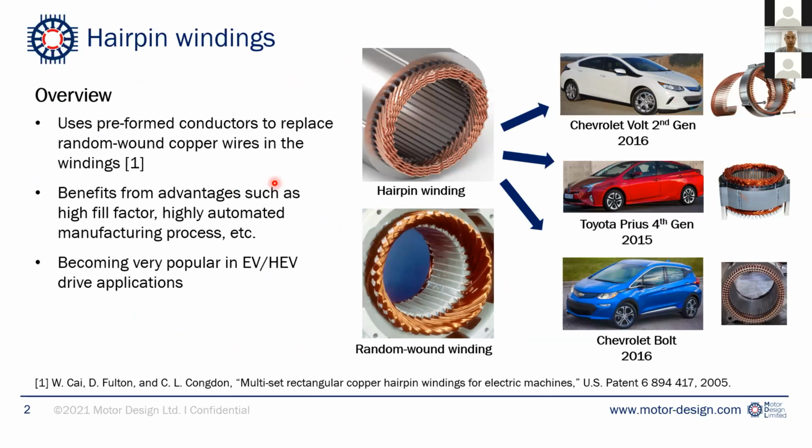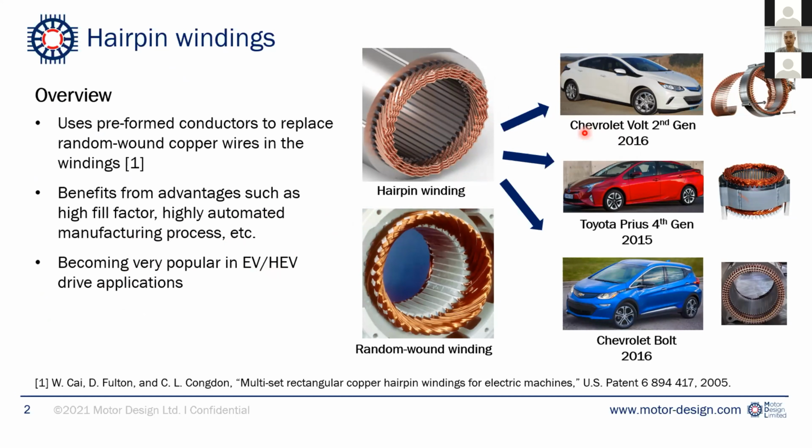The first one is that we can achieve a very high fill factor, 0.6, 0.7, or even higher. And it allows a highly automated manufacturing process. Because of these significant advantages, this type of winding is becoming very popular in electric vehicle and hybrid electric vehicle driving applications.